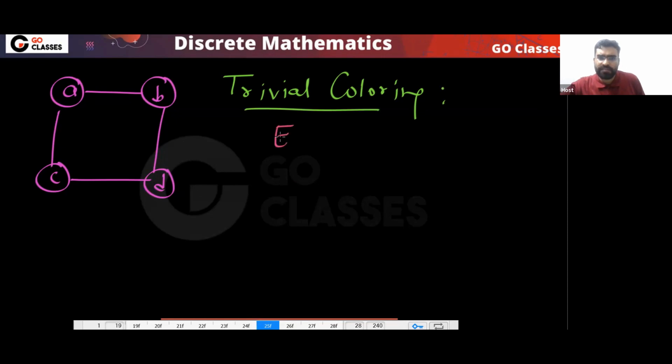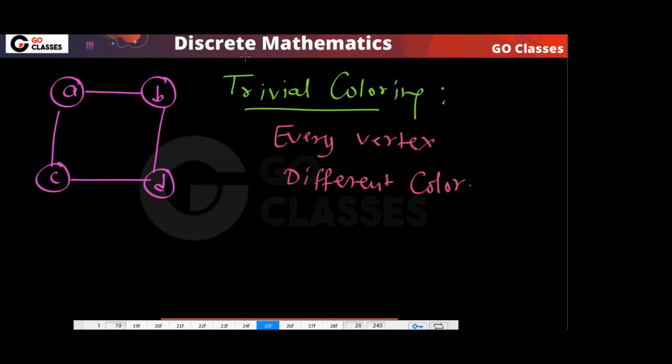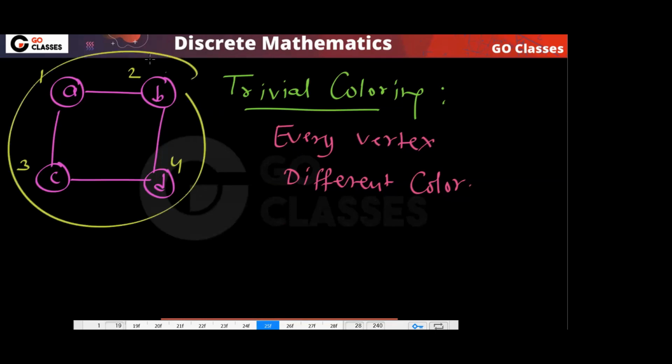For example, color number 1, color number 2, color number 3, color number 4. Now you can notice that because every vertex has a different color, adjacent vertices don't have the same color.